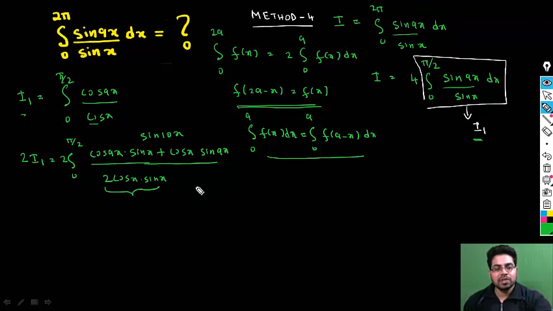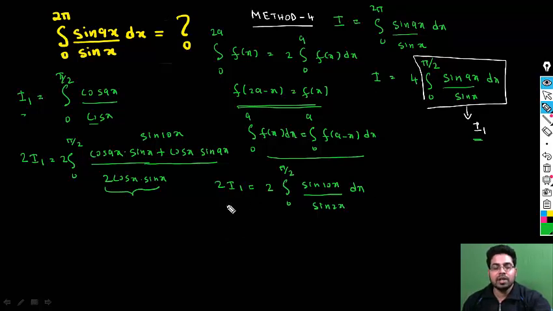So I am writing 2I1 again, 2I1 then becomes equal to 2, 0 to pi by 2, sine of 10x by sine 2x dx.